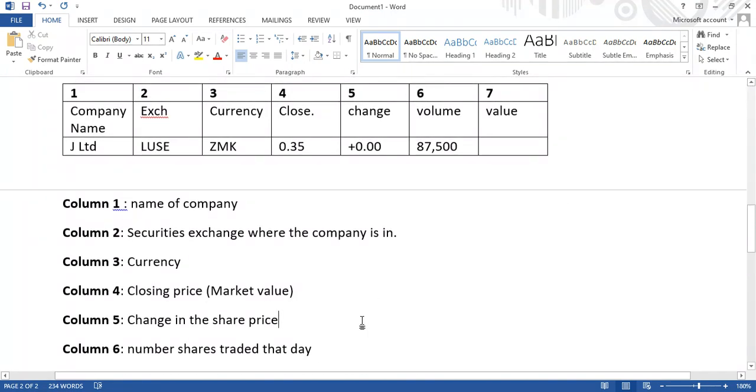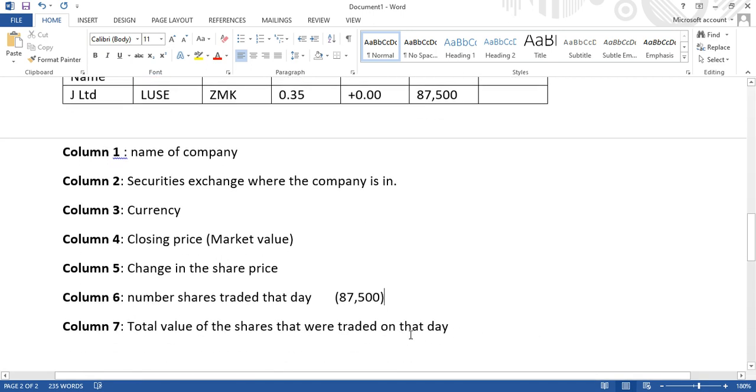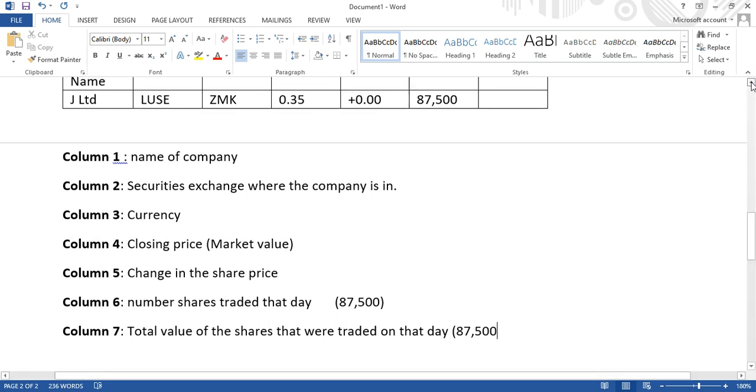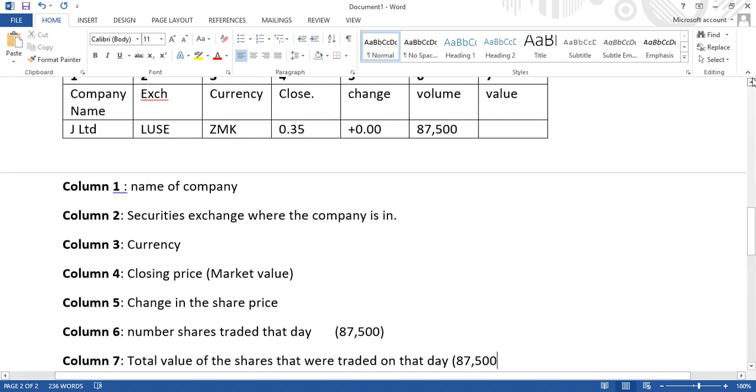So let's ask ourselves this. If we look at this table, how many shares have been traded in that day? It's 87,500. And then you will find what is the total value of the shares traded in that day.